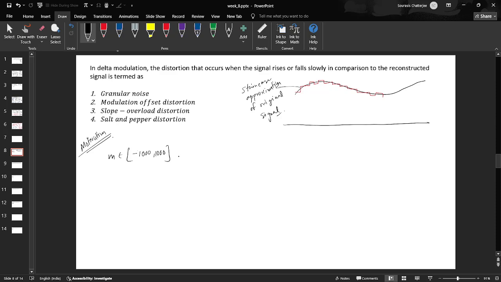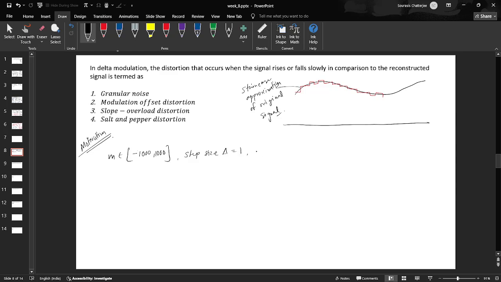So let's say in this case I consider the step size delta to be 1. Because when your step size is 1 you will have a quantization error of delta over 2, that is 0.5. So when I say I want to limit my quantization error, the parameter I need to change is the step size.